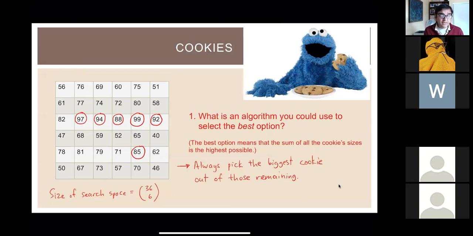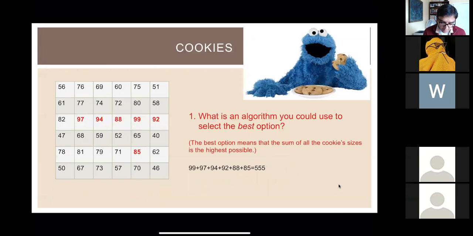And at each time, we just make the greediest possible decision. We just pick the biggest one out of what's remaining. And this is going to be the best solution, right? Does that make sense? And in this case, that's the solution we got, and the total amount of cookie that we get is 555. So that is the best solution.